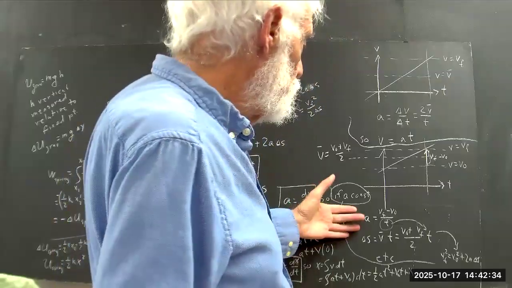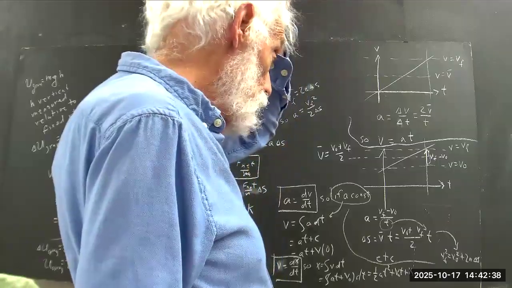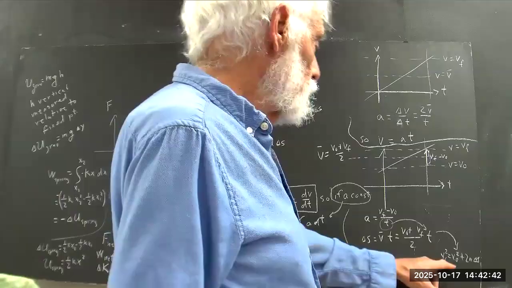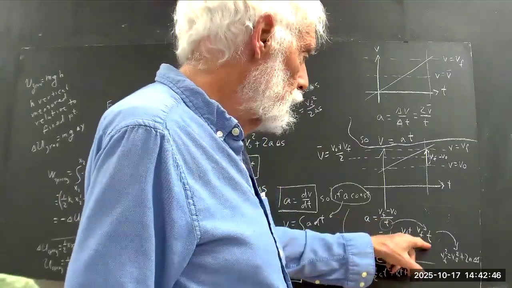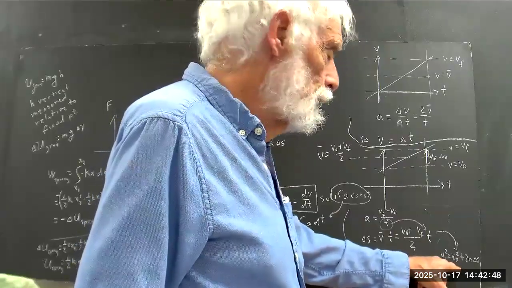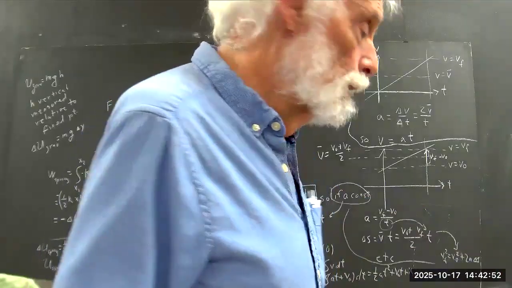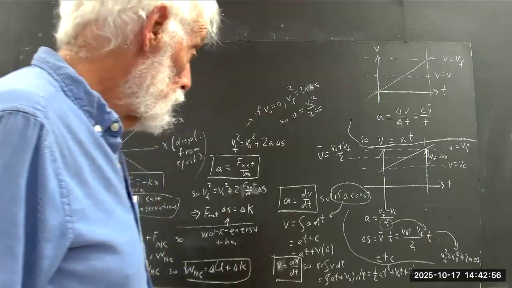And from these 2 equations that you get from this picture, you can derive all the other equations of uniformly accelerated motion. In particular, let's look at this one. You just take this equation and solve for t and plug it in here. You've eliminated t, and you've got this famous equation, which is going to lead us to the work energy theorem shortly.